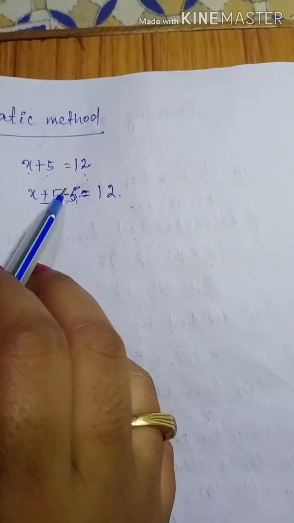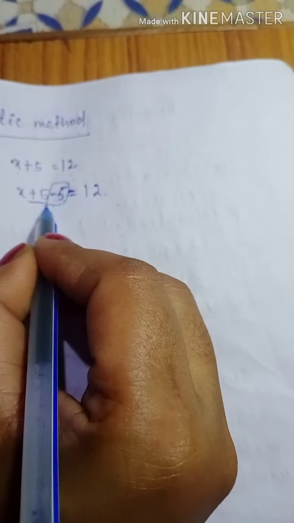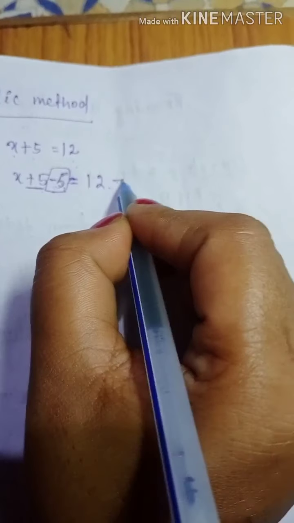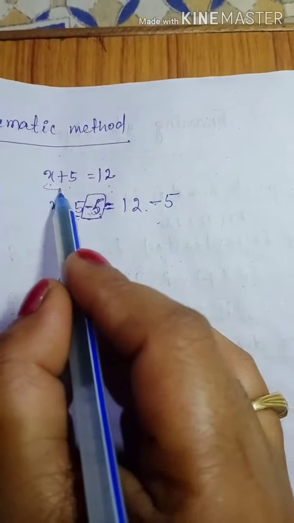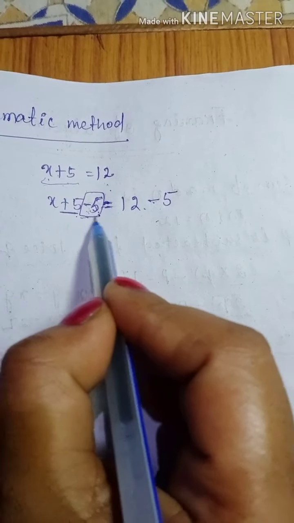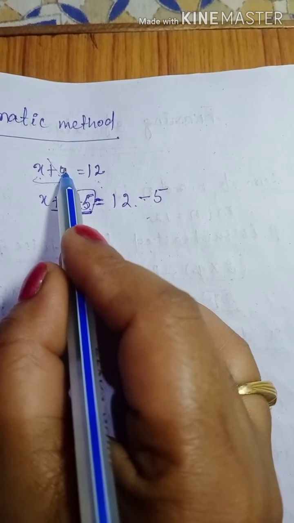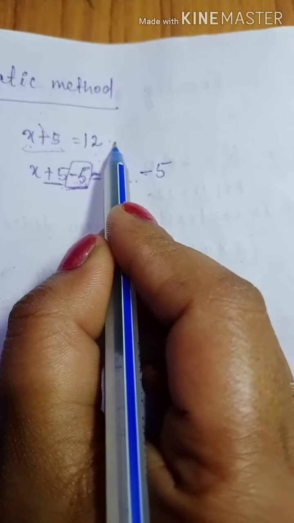So in this method, if we put minus 5 on this side, we should also put the same number, minus 5, on the right hand side. Again, the question is x plus 5. The extra thing I am putting here to remove the number is minus 5, and with that I am also putting minus 5 on the right hand side.